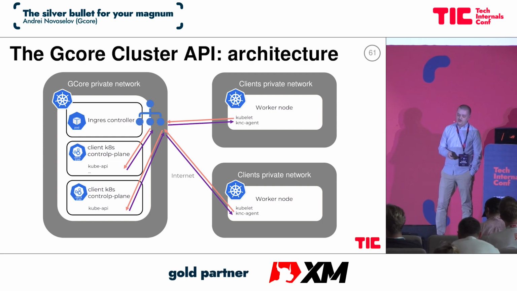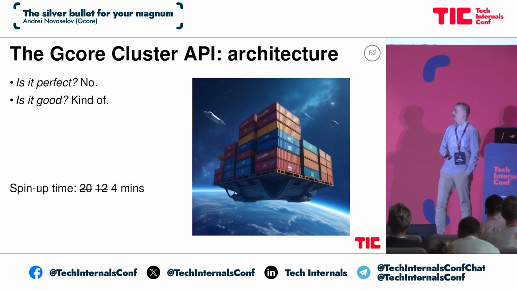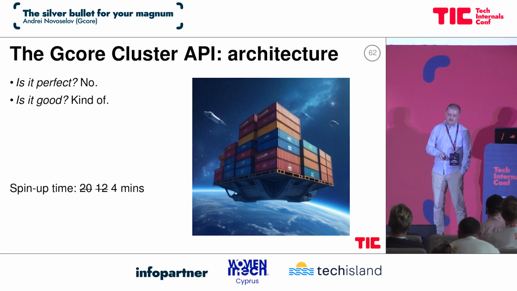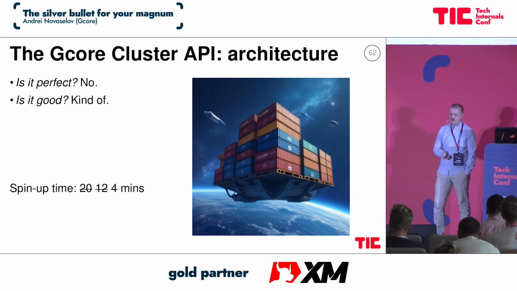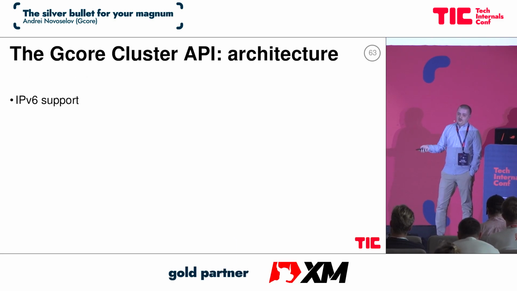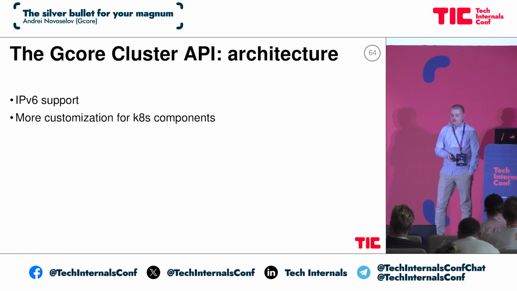So we got rid of tons of load balancers. And is it perfect now? Nope. Is it good? Well, it's good, I guess. And the spin-up time is now just 4 minutes instead of 12 or instead of 20 at the start. So what if we want to add IPv6 support? What if we want to allow users to do more customization for Kubernetes components?